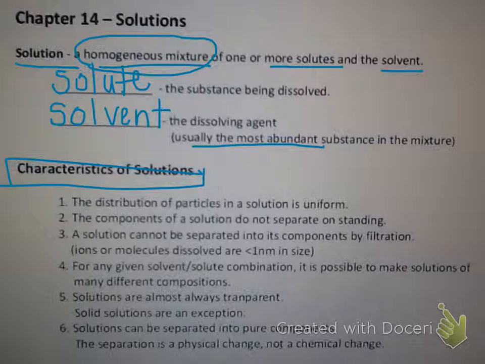All right, let's look at the third one. A solution cannot be separated into its components by filtration. Basically, if you have any type of liquid where you've dissolved particles into it, and you run that solution or supposed solution through filter paper and filter it, all of the particles should be less than a nanometer in size, and that's smaller than the pores of any filtration device.